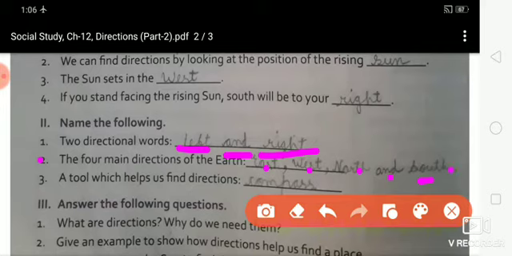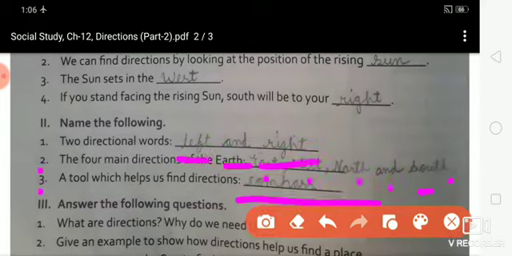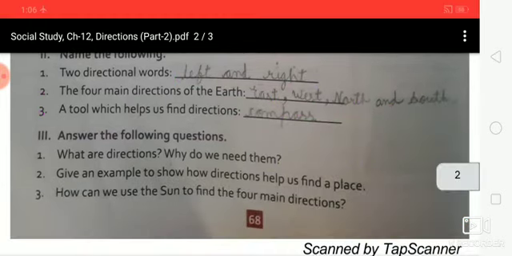Is that clear? Now third one: a tool which helps us find directions. Compass. Spelling of compass: C-O-M-P-A-S-S. Compass.